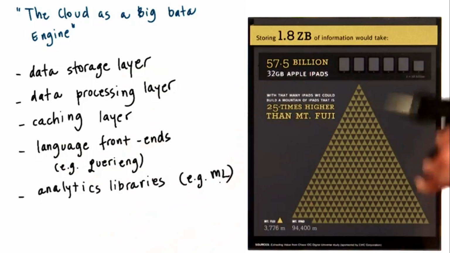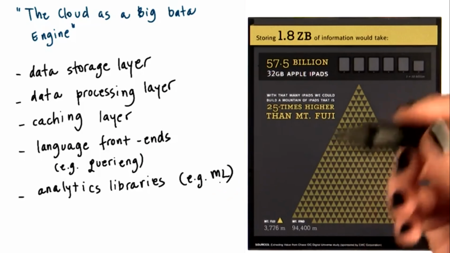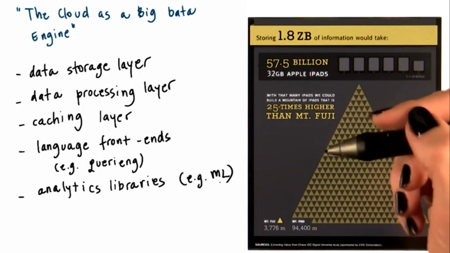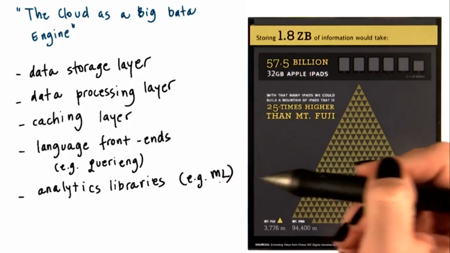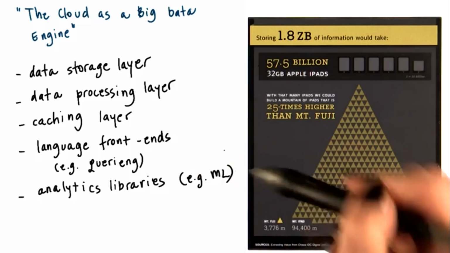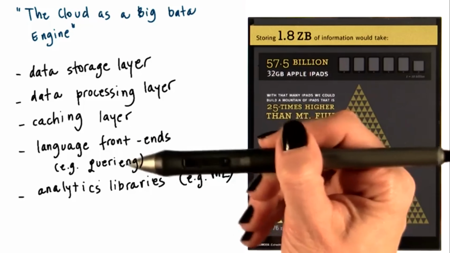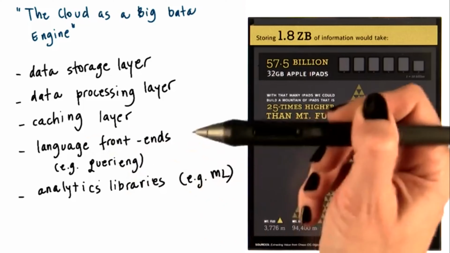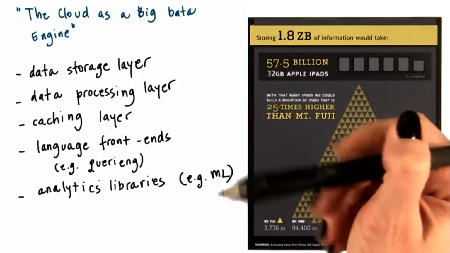One common thing that people do with big data is analyze it and search for certain patterns, so they perform some data mining operations that often involve common functions such as some machine learning algorithms. So just as it's common for cloud big data platforms to support popular language front ends, it's also common for them to support popular analytics libraries.